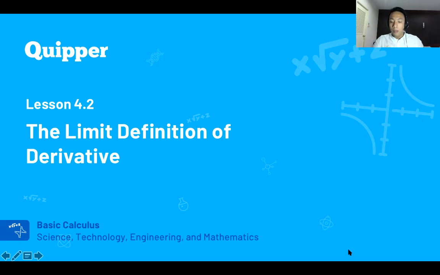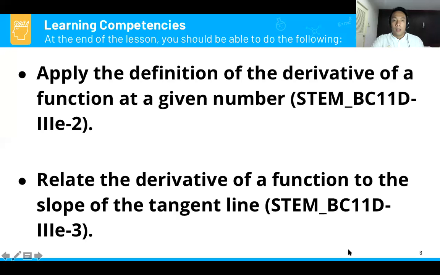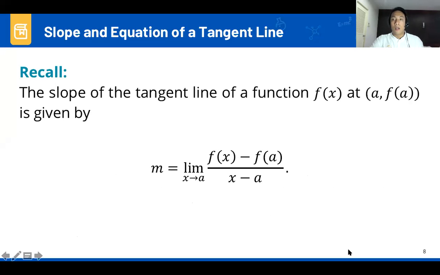Okay? So to understand that one, this is our formula for the slope of the tangent line of a function f of x, and f of a is given by this formula, correct? Now, we will use the other form of this slope of a tangent line to find the derivative of a function. And what is that formula?